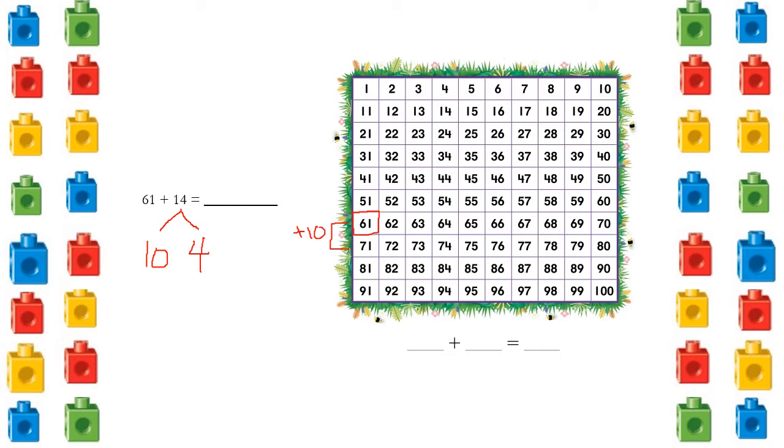Okay, and then that takes us to 71. And then we need to hop over 4 spaces. 1, 2, 3, 4. So 61 plus 14 is 75. And of course, we would put that equation on those blanks.